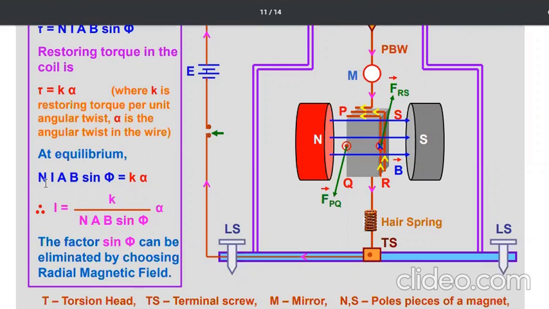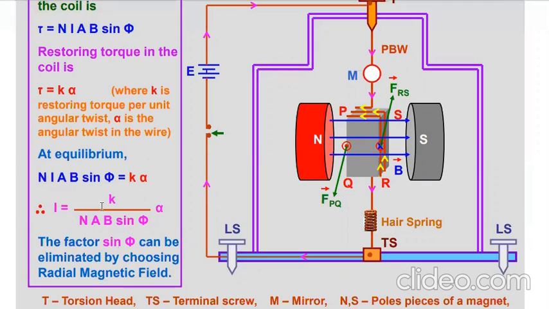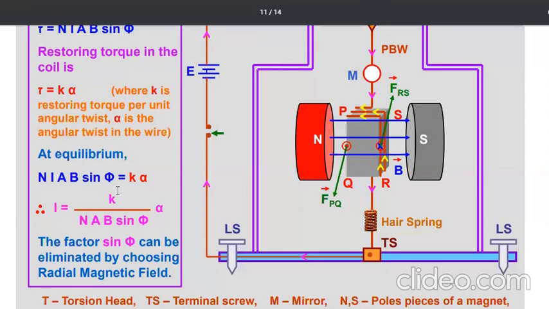Therefore, we equate the two torques here: NIAB sine phi equal to K alpha. Therefore, I equal to K alpha upon NAB sine phi. So you see here K is the elastic property of the wire, and I is the current.